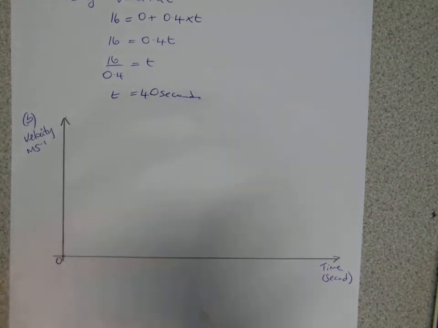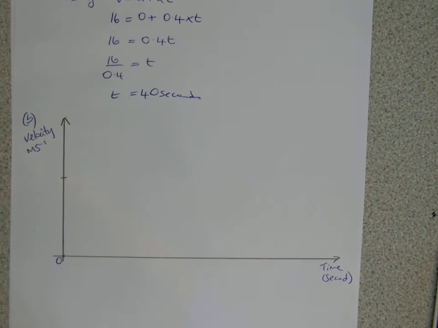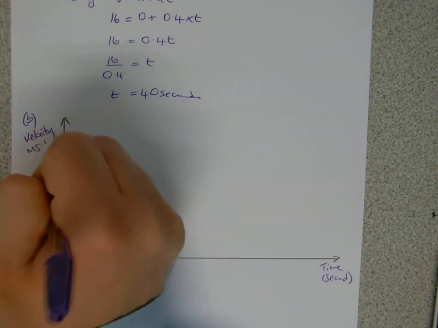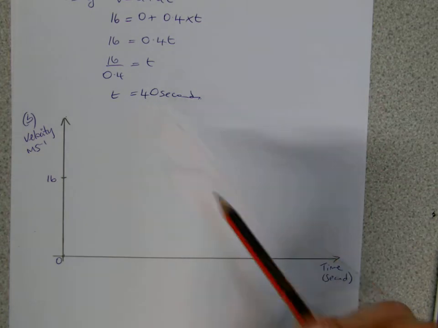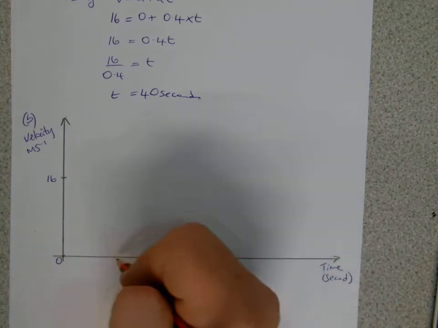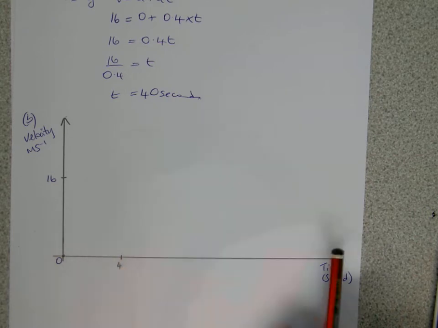And we're told that it accelerates until it reaches a speed of 16, so maybe I'll put 16 here. And if we remember, it takes 40 seconds to get to that speed of 16, so I'll put 40 seconds down here.